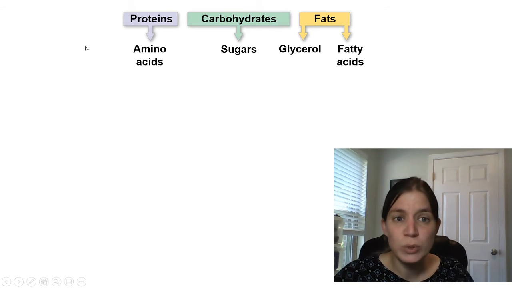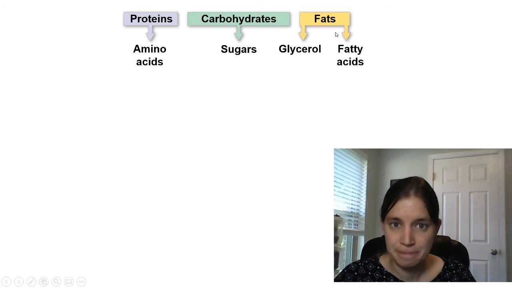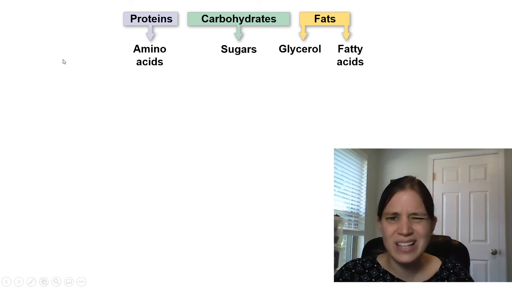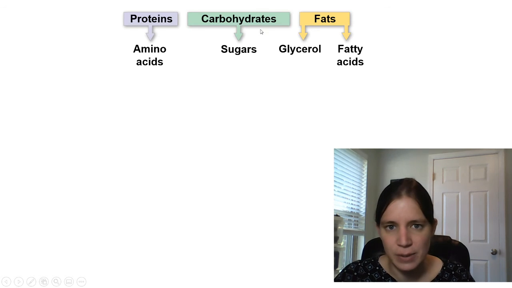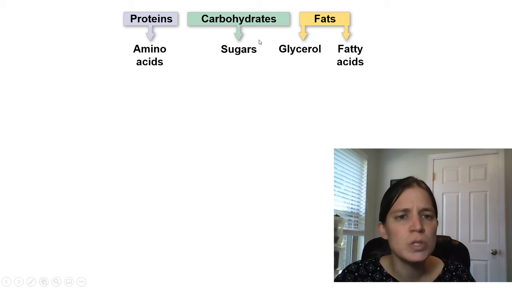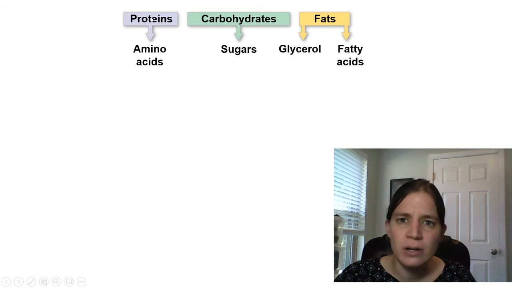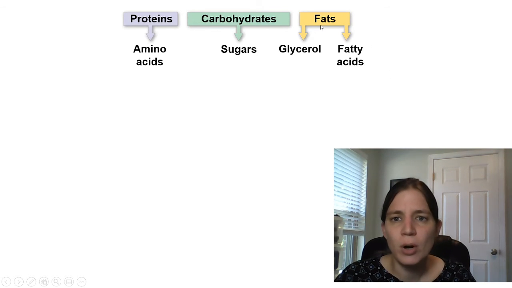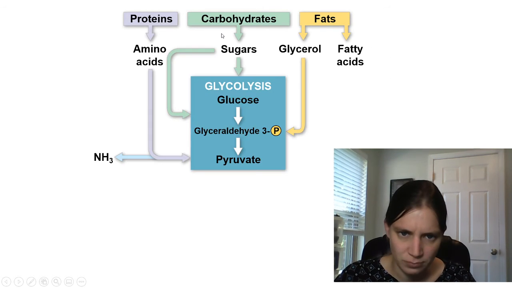You can also have proteins, which are a bunch of amino acids strung together, and then fats, which are glycerol plus fatty acids. Okay, so these are the kinds of things we're eating, whether that's potatoes, or peanut butter, or margarine, or whatever it is you're eating.